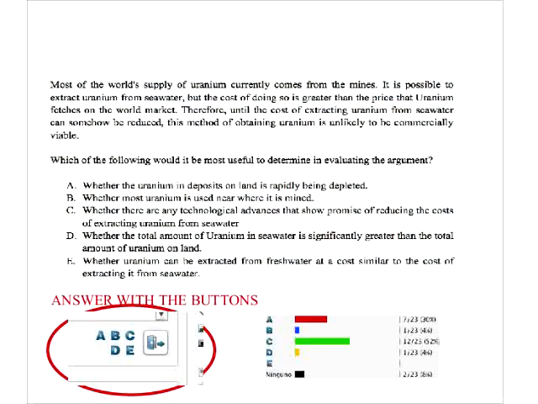The argument says that, okay, you can get uranium from seawater, but it's a lot more expensive than uranium from mines.